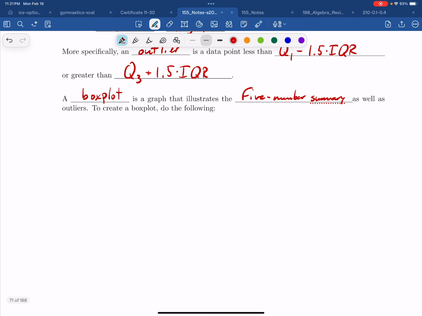So here's how you draw a box plot. Step 1, find the 5-number summary of your data set.